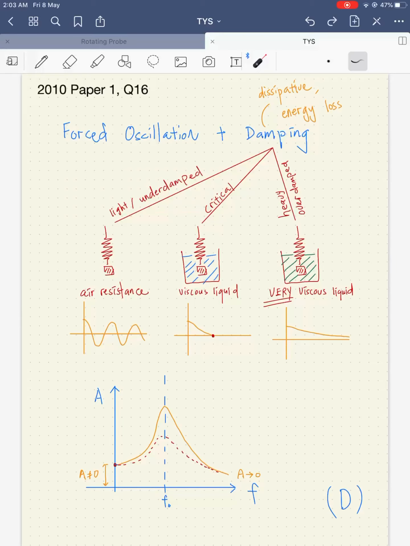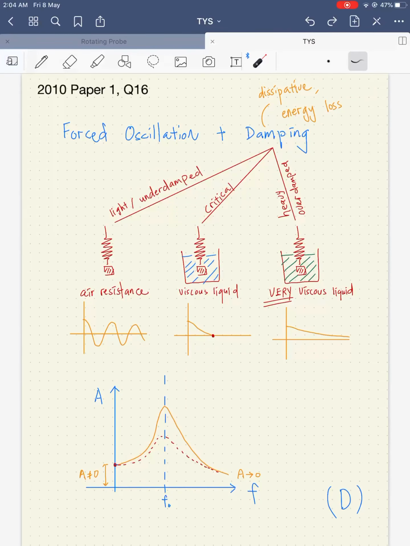If there's no damping in an ideal world, then this should go very high. That means you expect an infinite amplitude at the natural frequency. However, this is not realistic. So we will say the reference is a very little damping here.